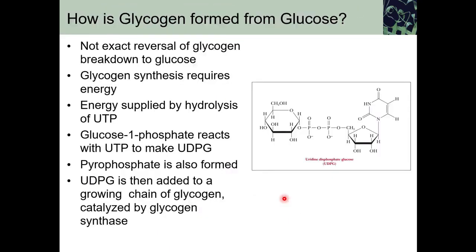Alright, so now how about glycogen synthesis? I mentioned a while ago, after a carbohydrate-rich meal, like when you eat a lot of rice, there's a lot of glucose in the blood.